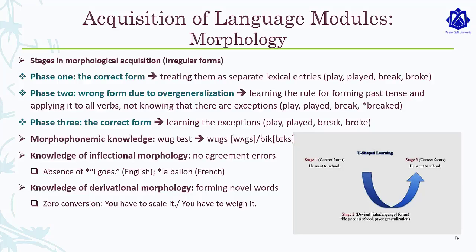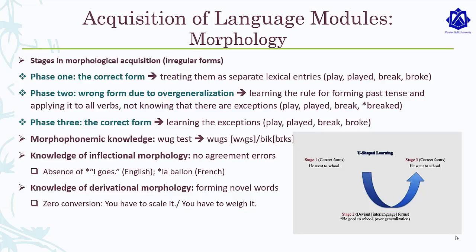So they would say, they play, they played, they break the window, they breaked the window. The wrong form will be used at this stage due to overgeneralization. They learn the rule of past tense formation and they apply it to all of the verbs. And they do not know that there are exceptions.